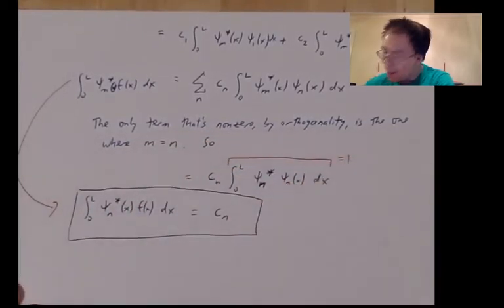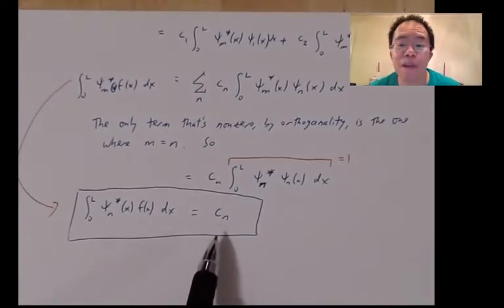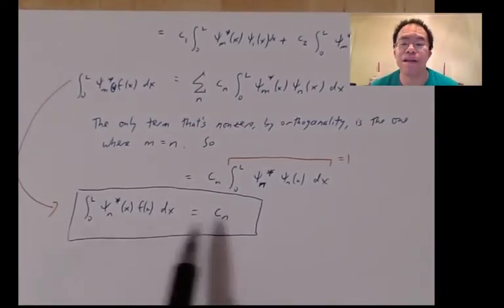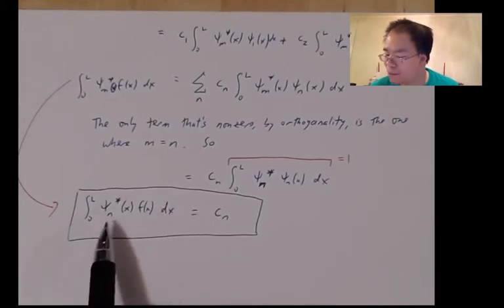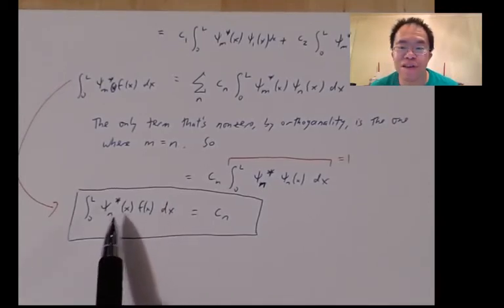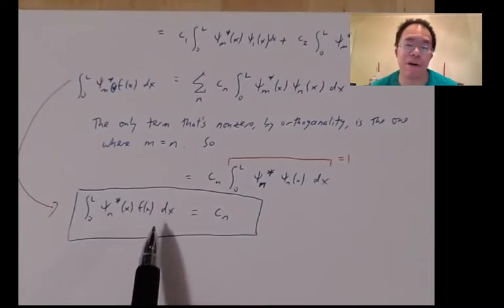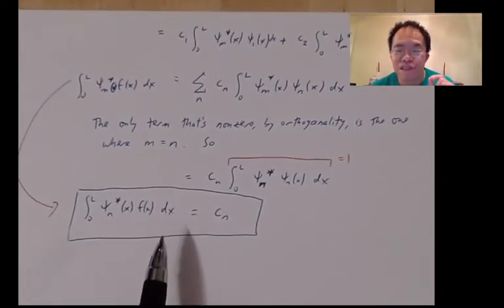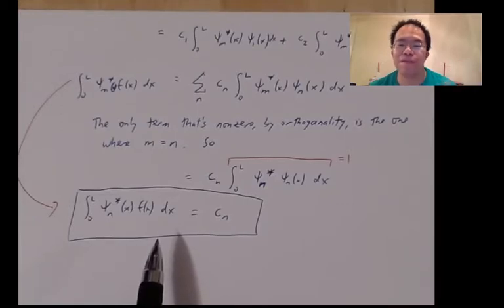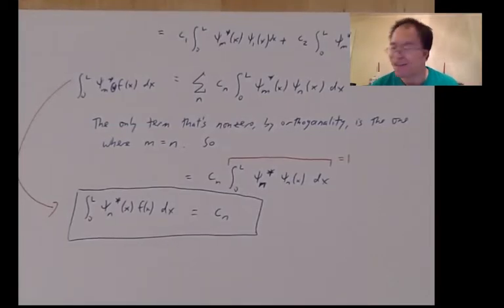And that proves what we said earlier, that the expansion coefficient is given by the inner product between the n-th stationary state and our arbitrary wave function. This is just like finding the x component of a vector by dotting it with i hat. So that's one down, two to go.